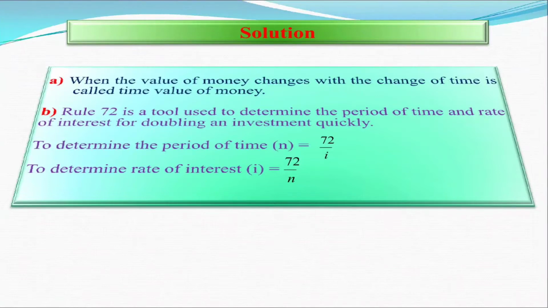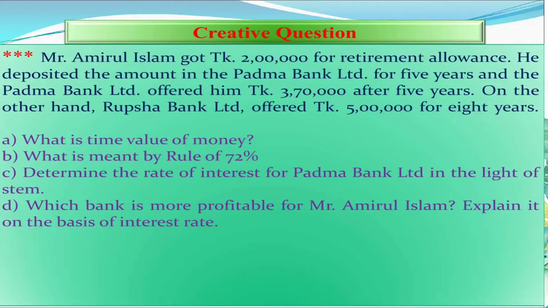Now, question C. Determine the rate of interest for Padma Bank Limited in the light of STEAM. You know, in the STEAM, we have a present value. Here, present value is taka 2 lakh. And Padma Bank will offer Mr. Amirul Islam that this bank will give 3,70,000 taka after 5 years.